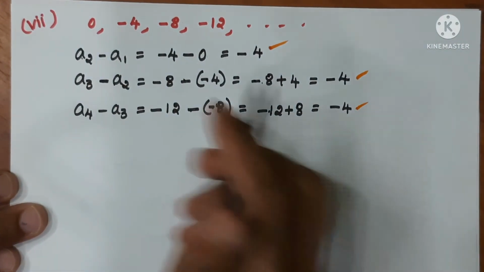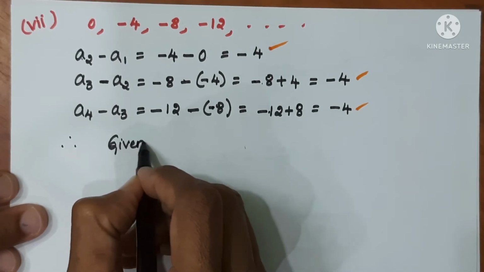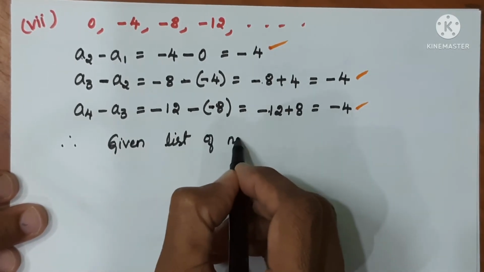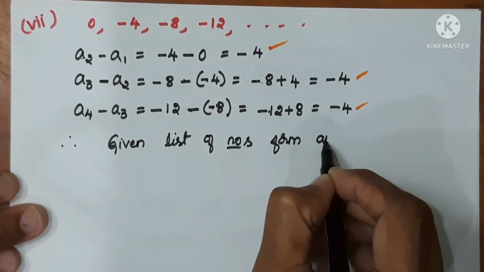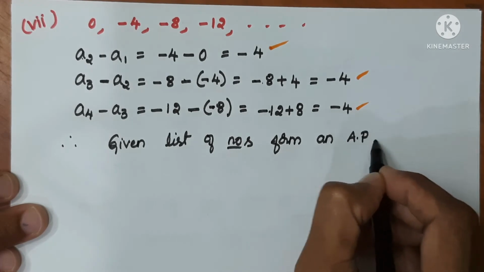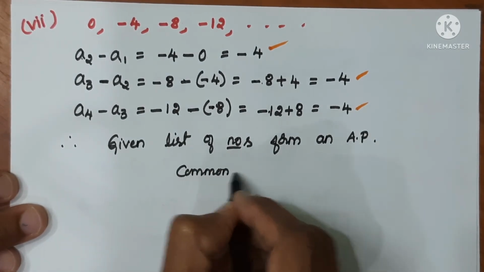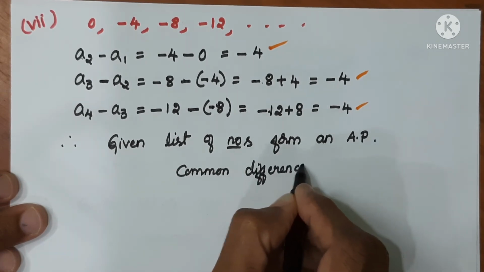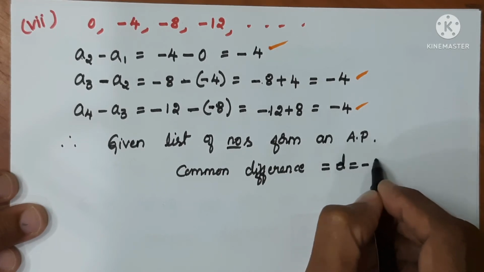Hence they form the AP. Therefore the given list of numbers form an AP. And also the common difference is equal to minus 4. D equal to minus 4.